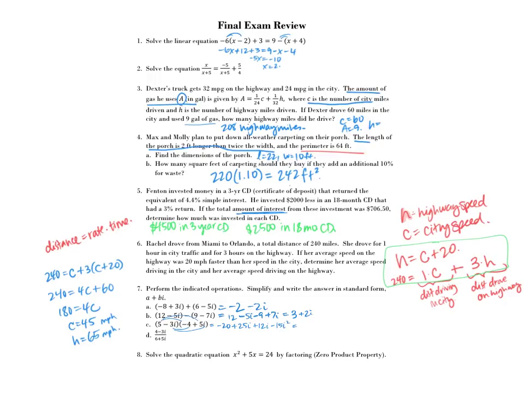And remember, i squared is negative 1. So I end up with negative 20. How many i's do I have? 25 plus 12, so that's 37i. And then I have minus 15 times negative 1, so plus 15. So I end up with negative 5 plus 37i.